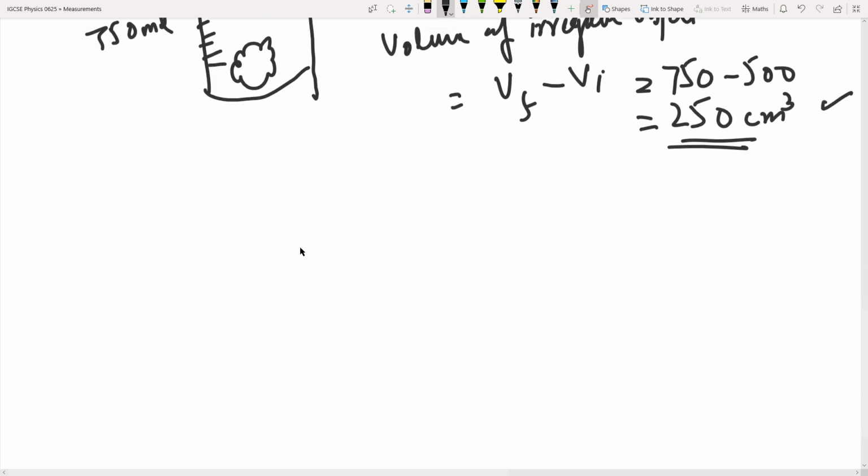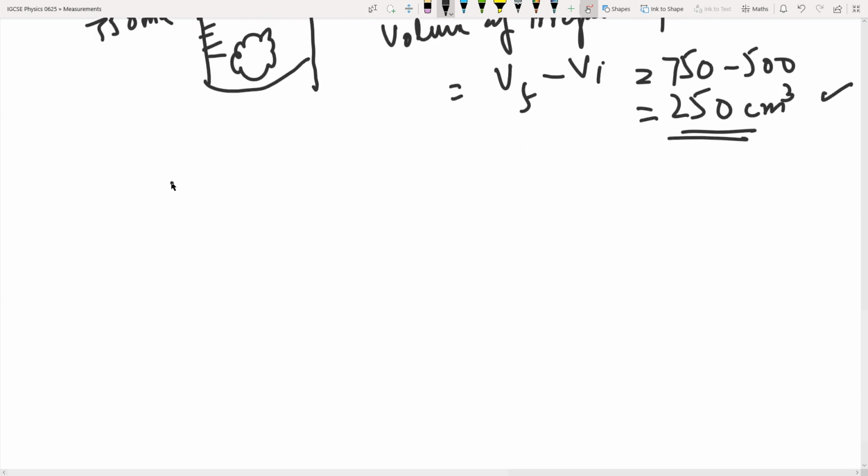Now over here I'm going to discuss one critical factor regarding the accuracy of measurement. Whenever you try to measure the volume of a liquid, and you look at the liquid surface, you are going to see this curvature over here, this curved view. Why is it curved?